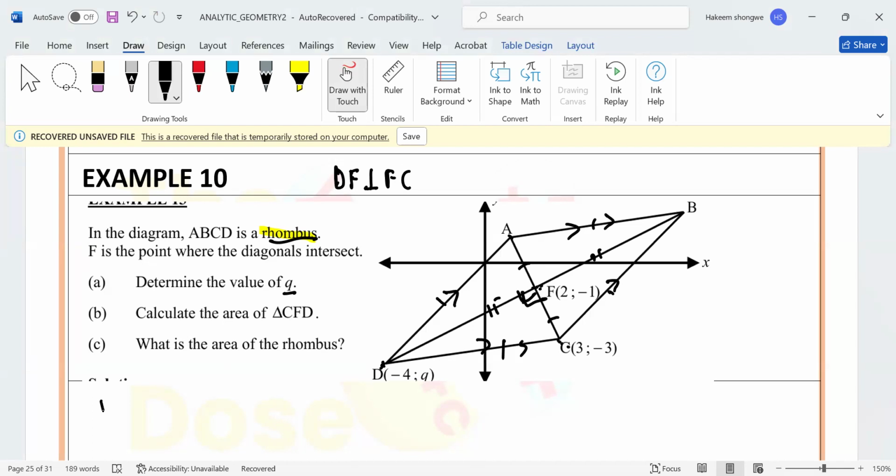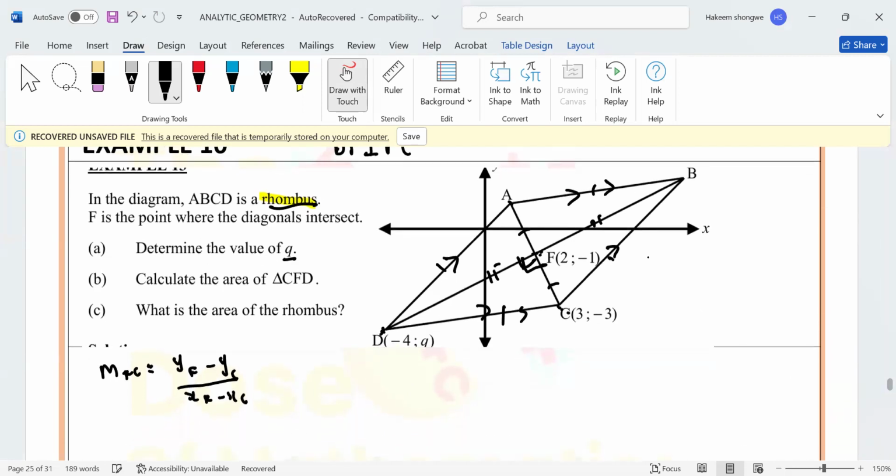So it means that I am going to look for M of FC. If I look for M of FC, I have Y of F minus Y of C all over X of F minus X of C. And then you go and check there, what is Y of F? Y of F is -1. So I'm going to have -1 minus open bracket.